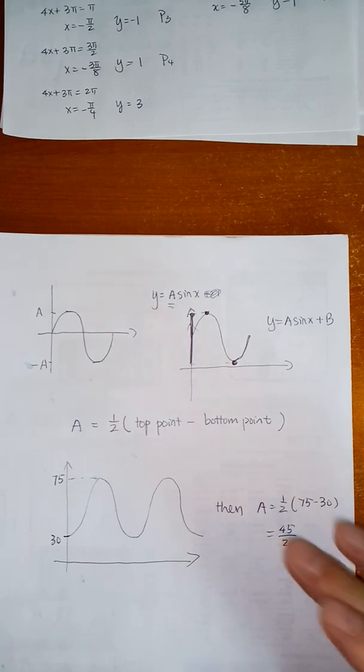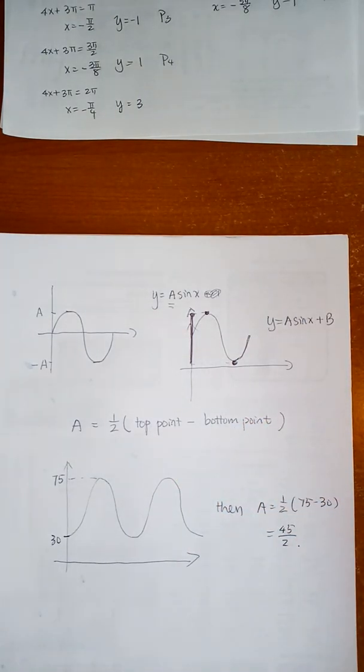Okay, so A is always the half of the top point minus the bottom point, y coordinate.